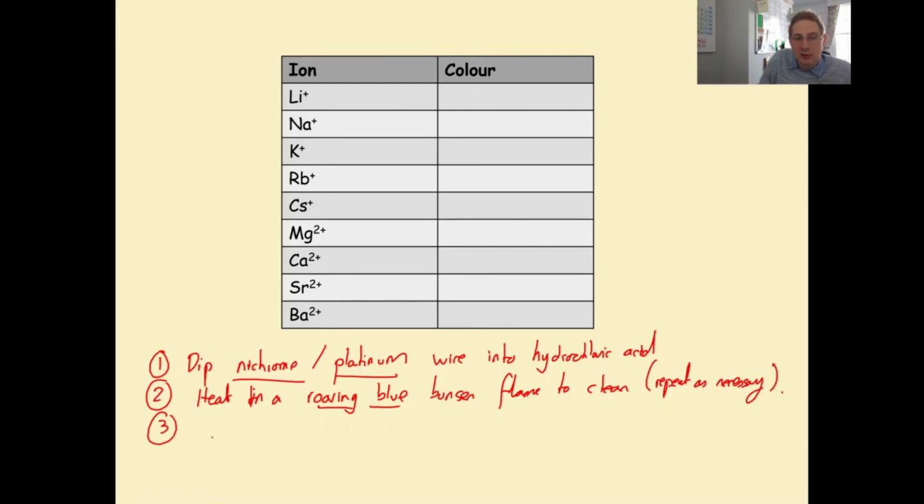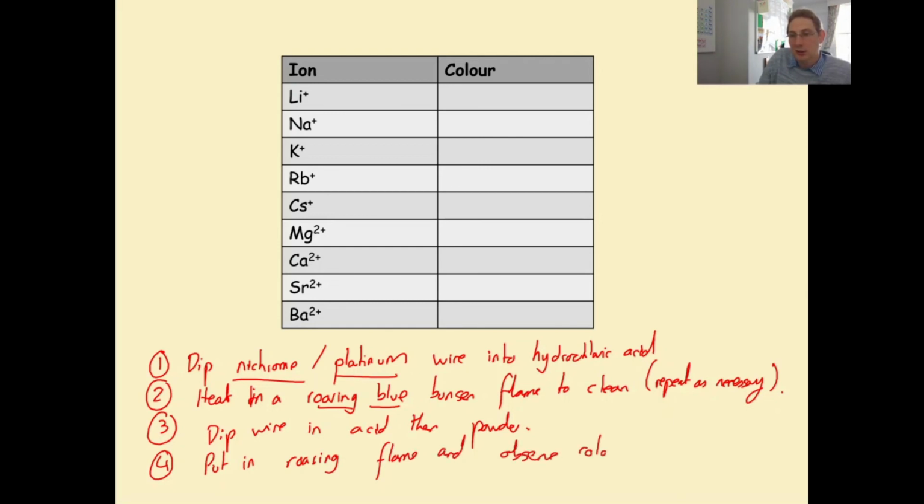Three, dip wire in acid, then powder. Four, put in roaring flame and observe colour.